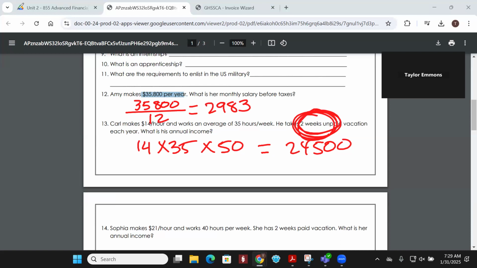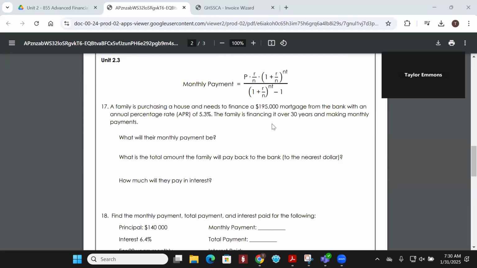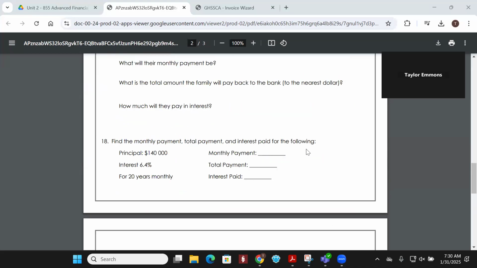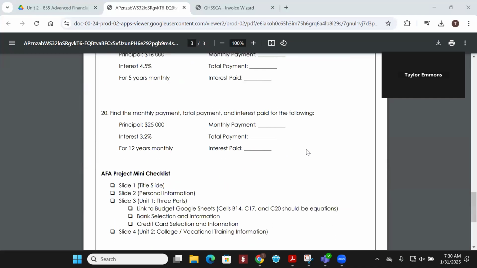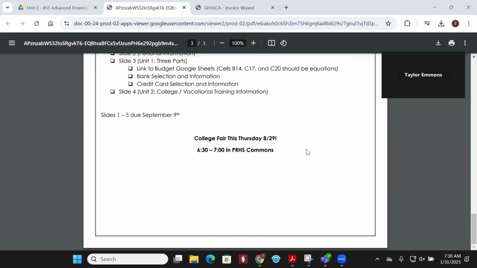Okay, go to 2.3. Yes, you will be given this formula. Let's say, actually, I'm going to do this down here.